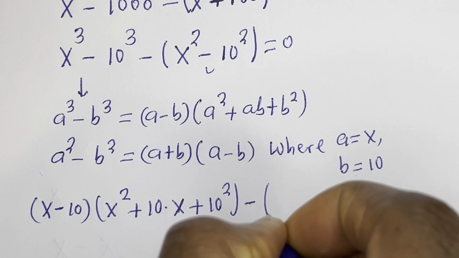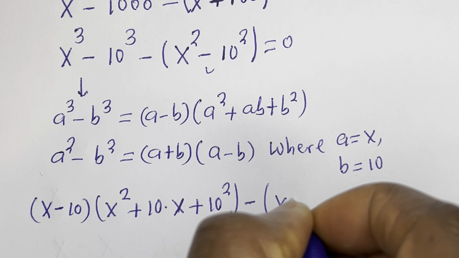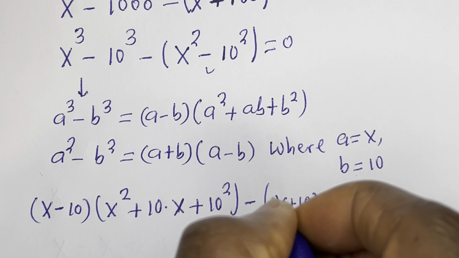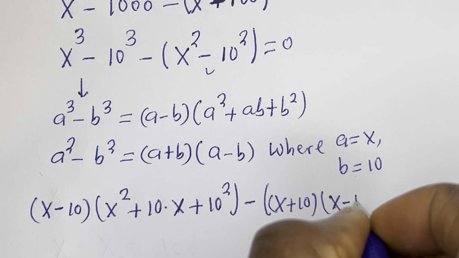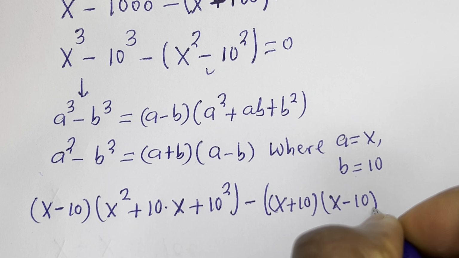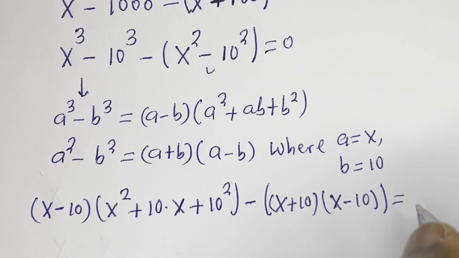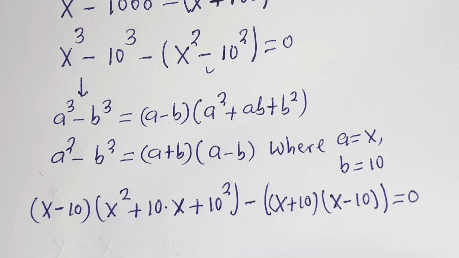then minus s plus 10 bracket s minus 10 is equal to 0.